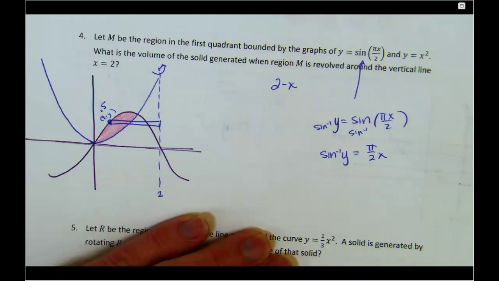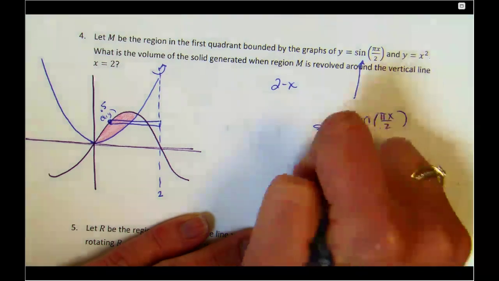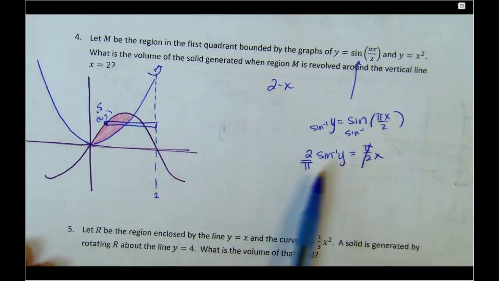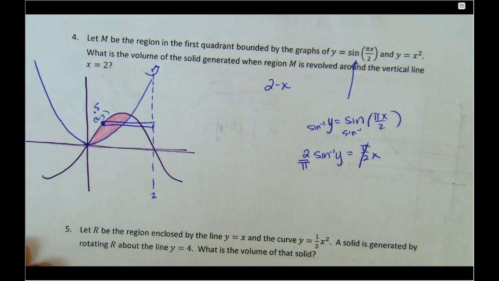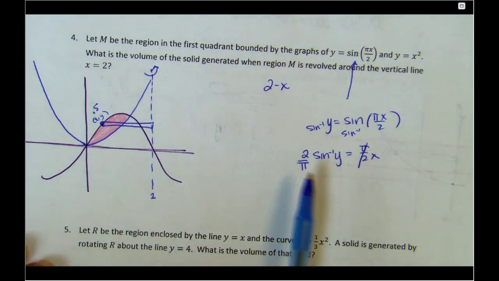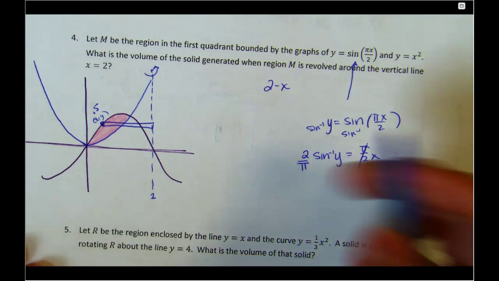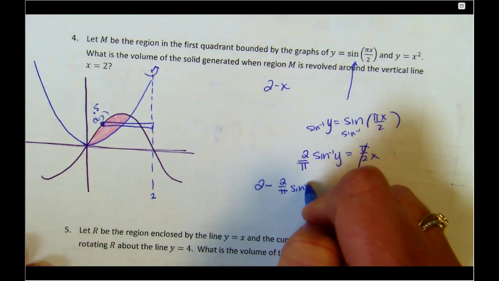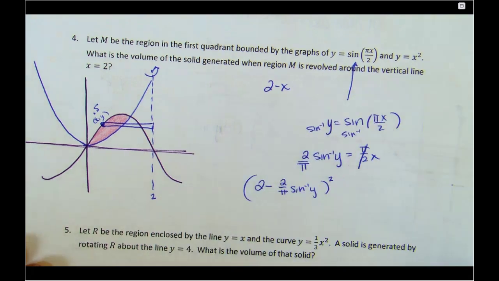Divide by pi over 2. Well, let's make life easier and multiply by 2 over pi, which is the same as dividing. It's just easier. Multiplying by the reciprocal is what we're doing. This would be your x. So you'd have 2 minus 2 over pi sine inverse of y squared.